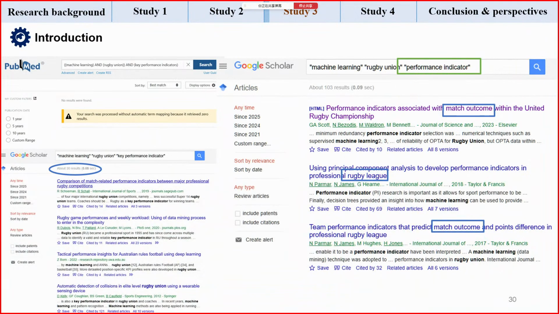And when we removed the word KPI, key performance indicators, the search results increased to 103 articles. However, upon checking further, these studies were either focused on predicting match outcome or the rugby league, not rugby union.